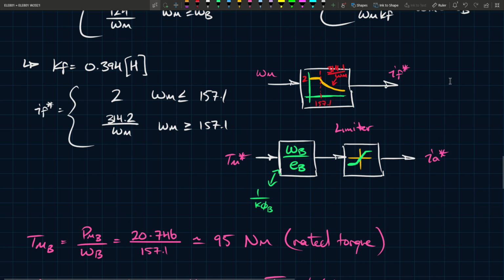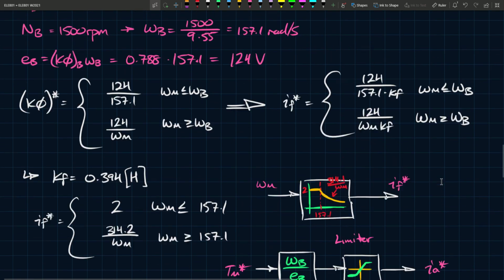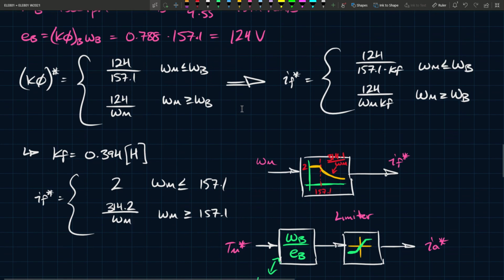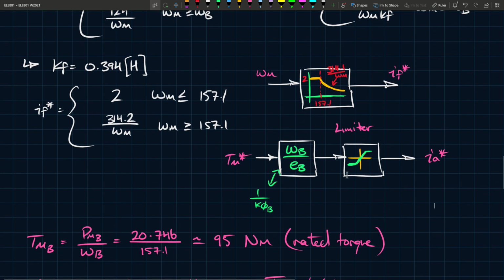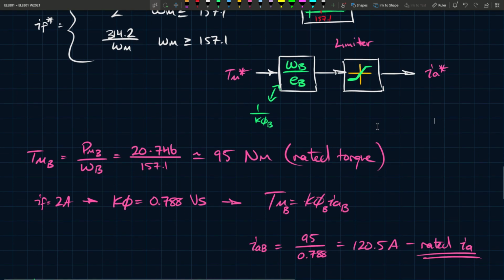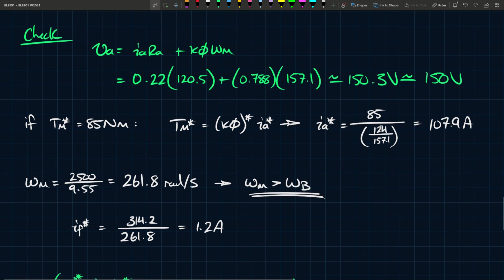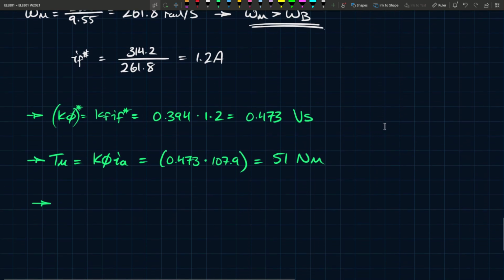But you might get to a point where you start to exceed this current, 120.5, which we calculated here. So that's the importance of this limiter, because you don't want to burn your machine. These are all practical notes that we should be aware of, whether you're doing a simulation or a real-life experiment.